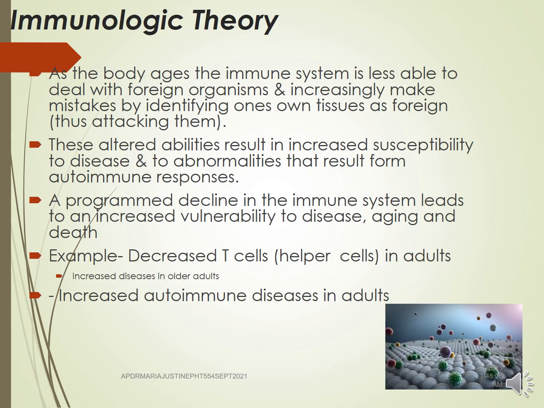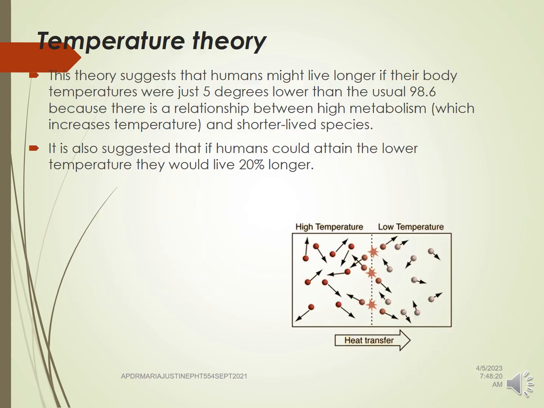Okay, so for the immunologic theory, as we age, our immune system is less able to deal with foreign bodies, and we tend to get diseases, we easily get infections, right?